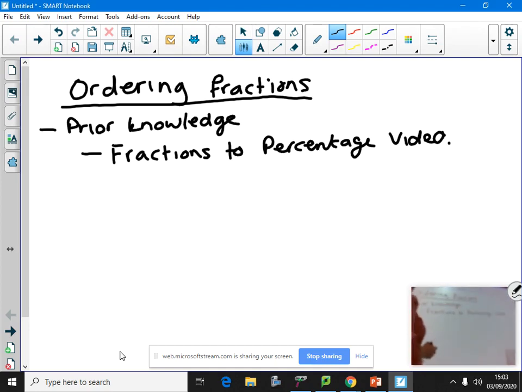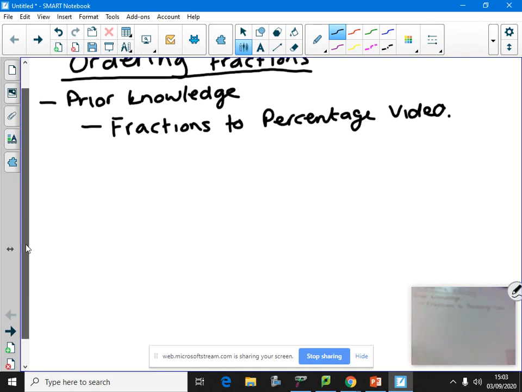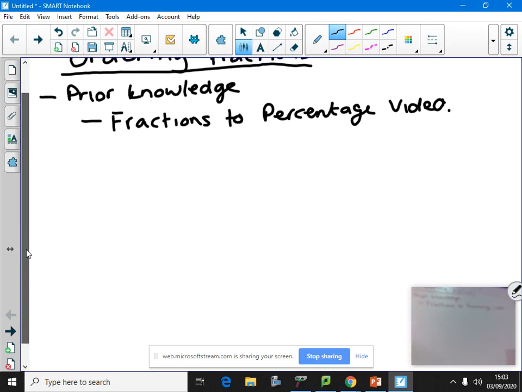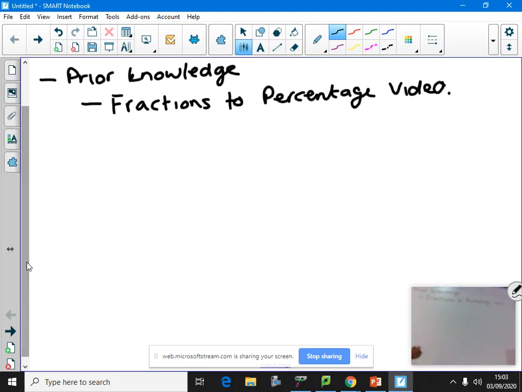Okay, so I'm just going to do a quick fraction to percentage just to remind you, but I would suggest that you look at that video because it gives it in more detail. So if we had 3/10, this is your divide, that's your times. Again, see the fraction facts video if you're unsure about what I'm saying there.